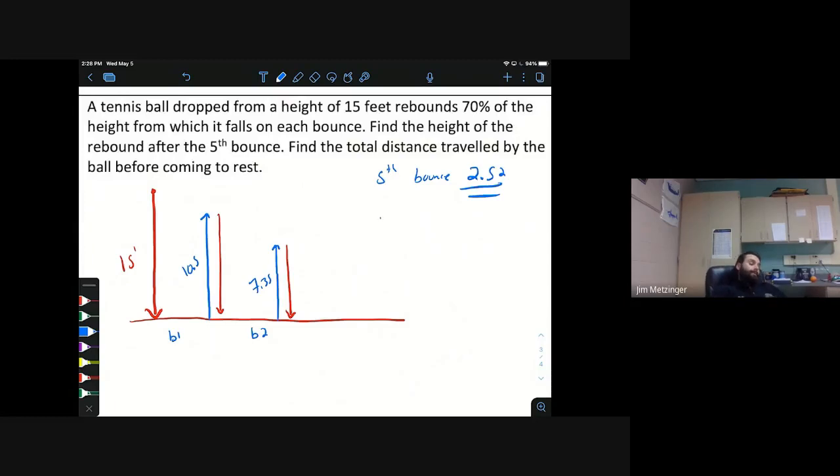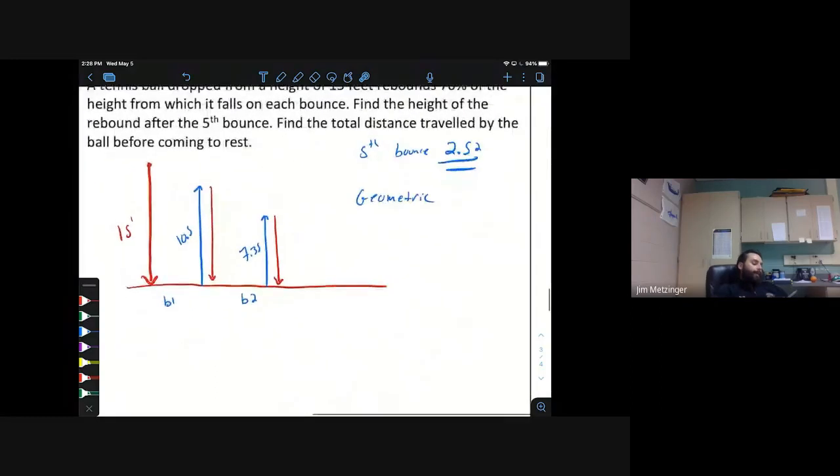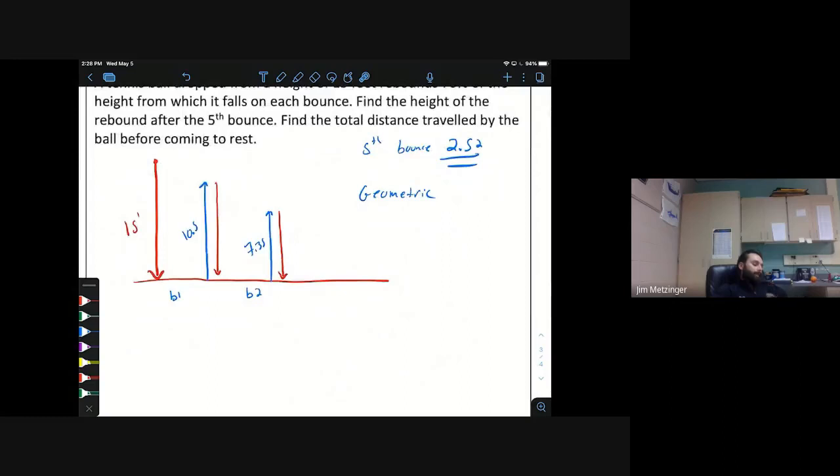Well, this is a geometric series. Now, technically, do we know how many bounces it's going to be before this thing stops? Well, we're only bouncing back up 70% of what we fell, so technically we would never actually make it to zero. But we all know that eventually a ball is going to come to rest.